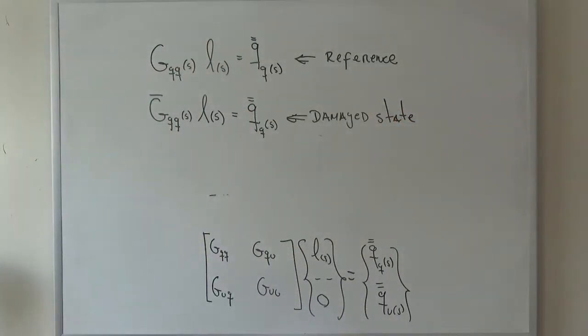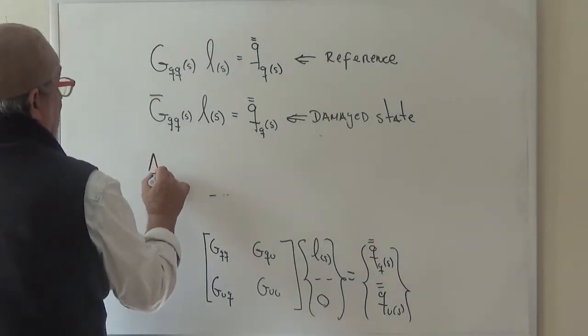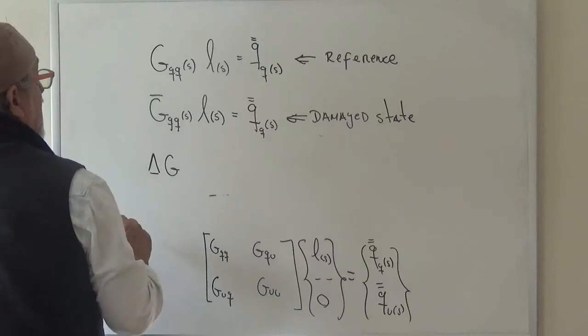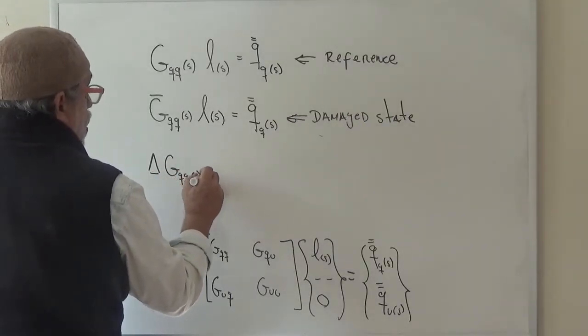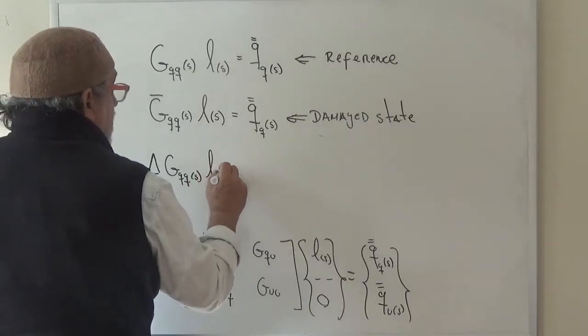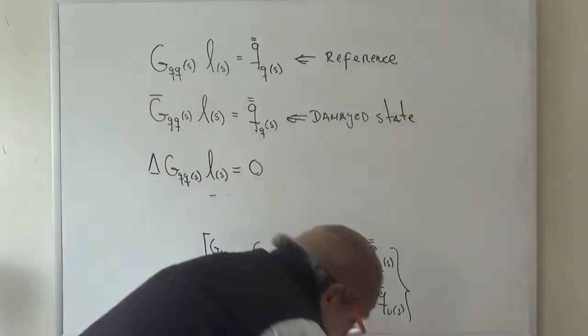Now, if that is so, then we can subtract these two equations and say that the change in G measured-measured multiplied times L of s must be 0.